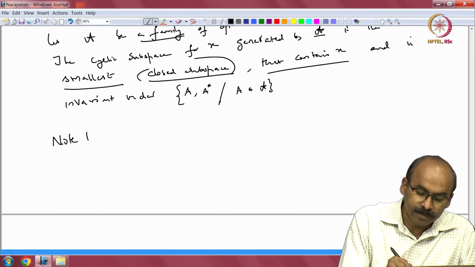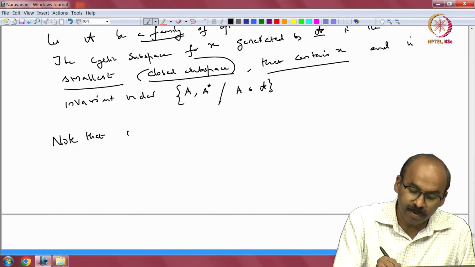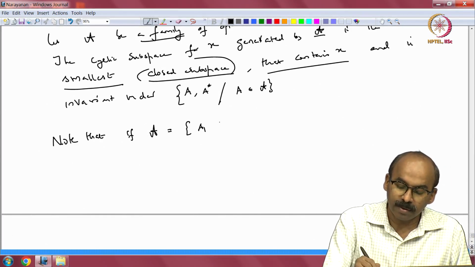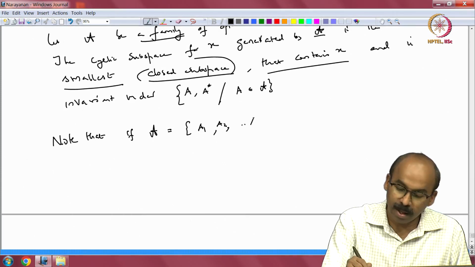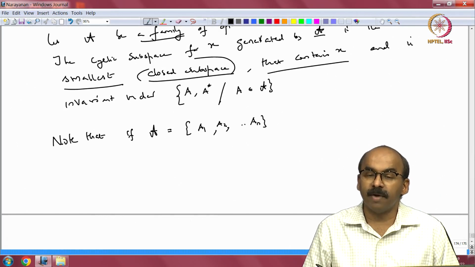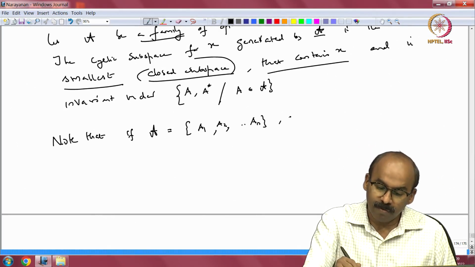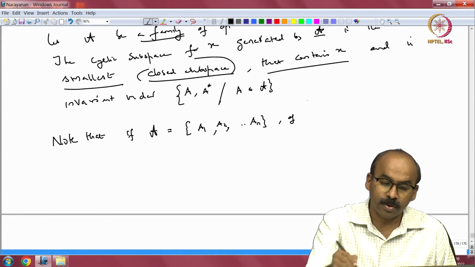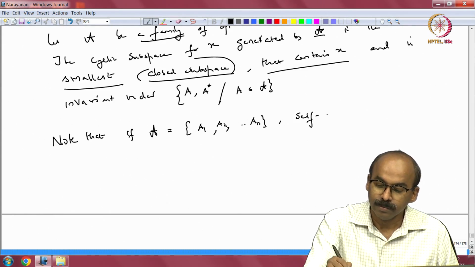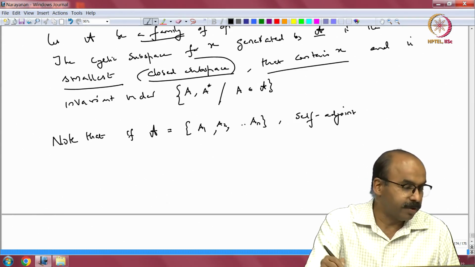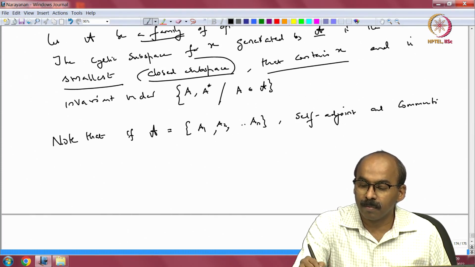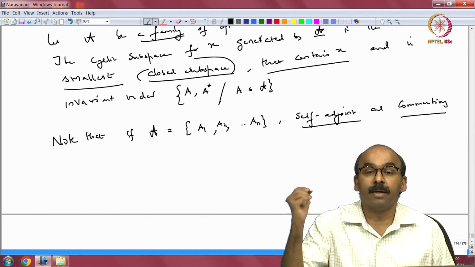So, note that if script A is equal to A1, A2, etcetera, An, these are bounded operators, so script A is a finite family of self-adjoint and commuting operators.